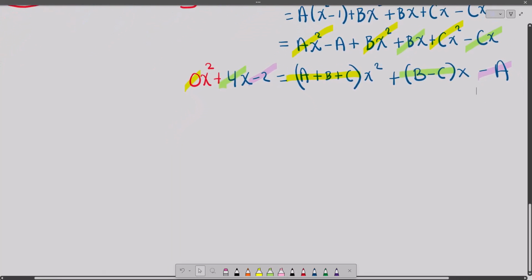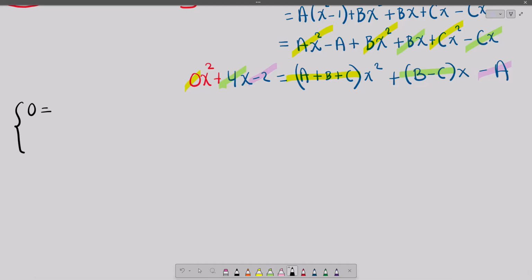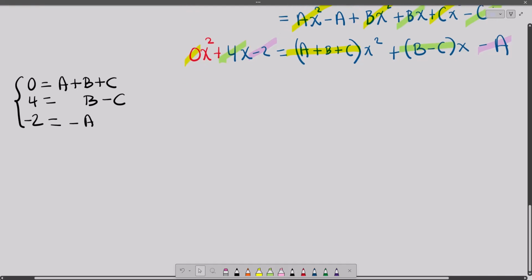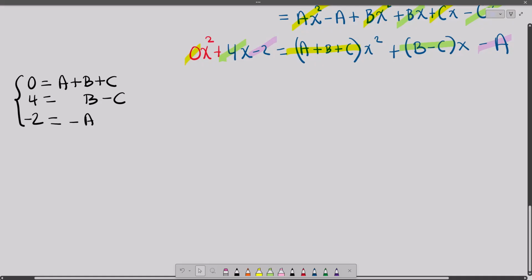So the system that we get is 0 will equal a plus b plus c. So there's our system.